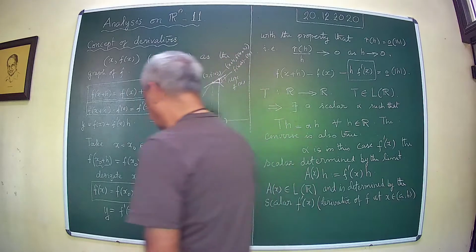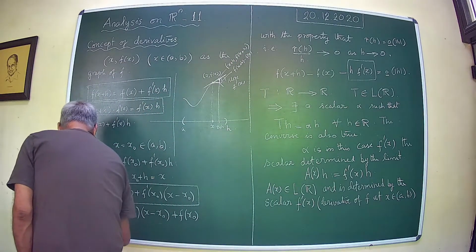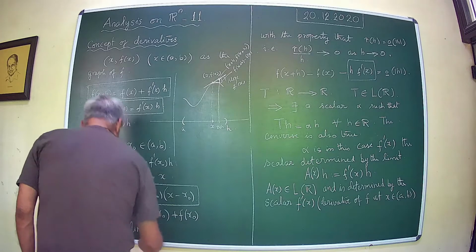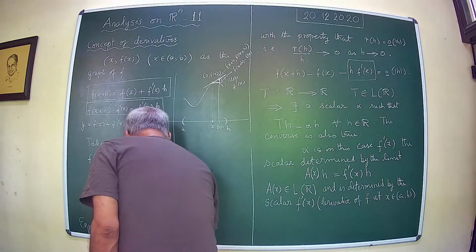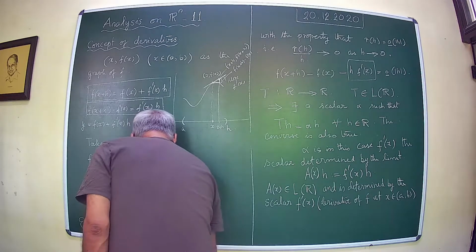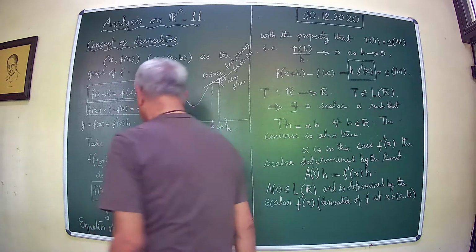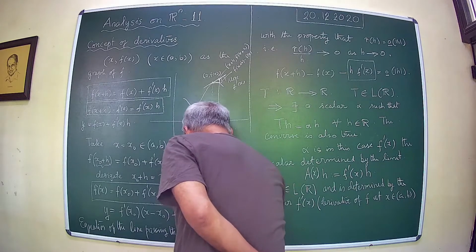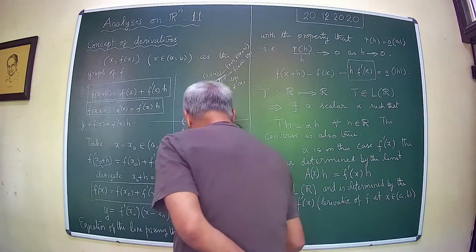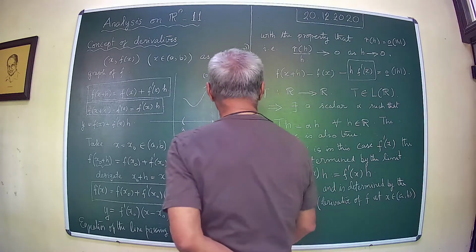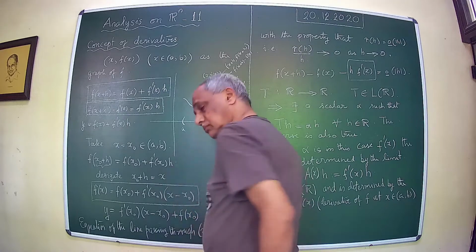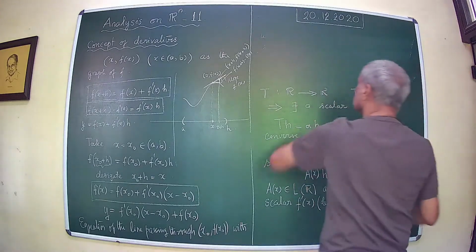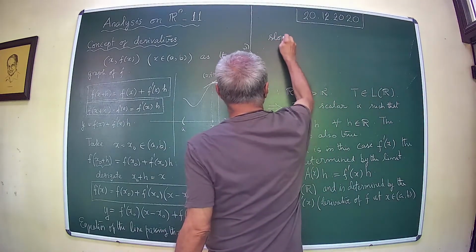Then this is the equation of the line in the conventional language, passing through x naught, f of x naught, with its rate.